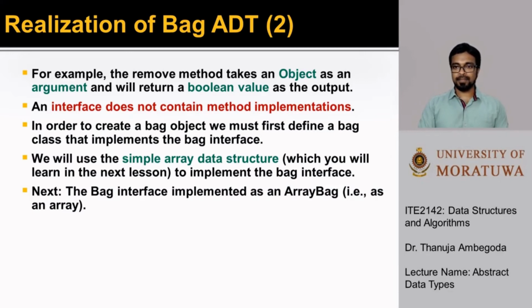That's something we are going to look at in the next couple of slides, and we'll be using a simple data structure called an array. You will be learning much more about arrays in the next lesson. However, we'll be using it to implement the bag interface.